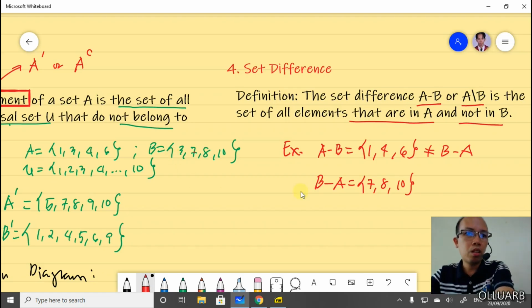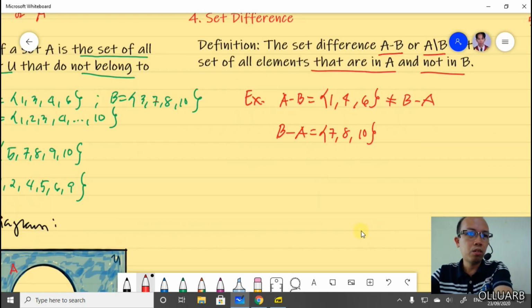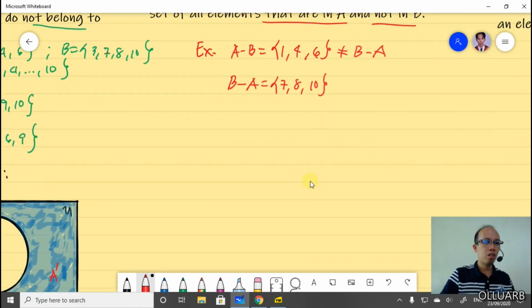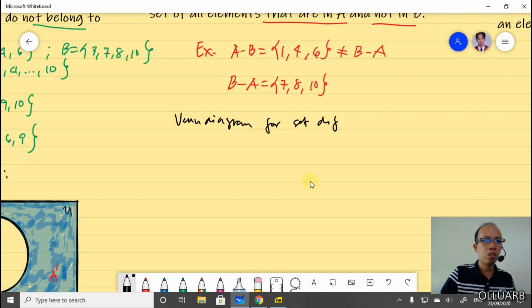So what does the Venn diagram of the set difference look like? Let's have the Venn diagram for set difference. There are two cases to consider.